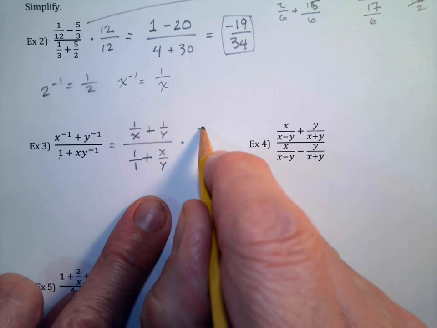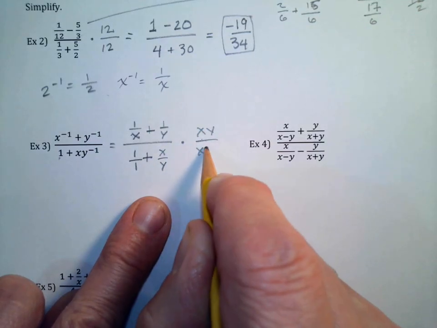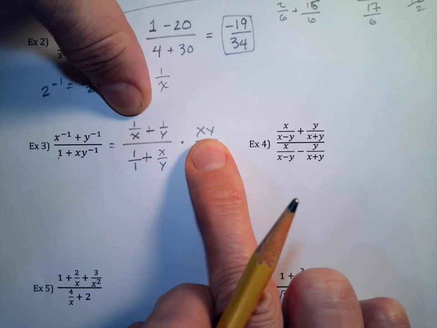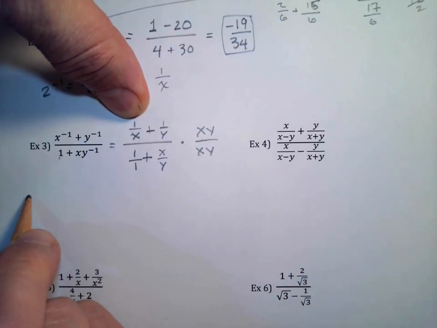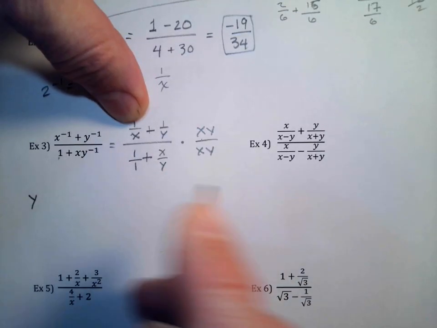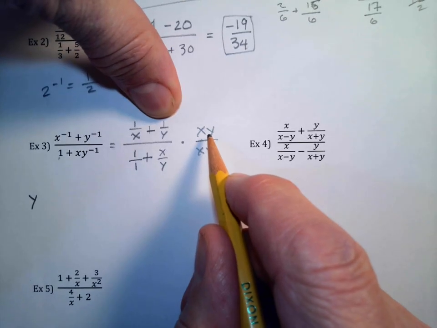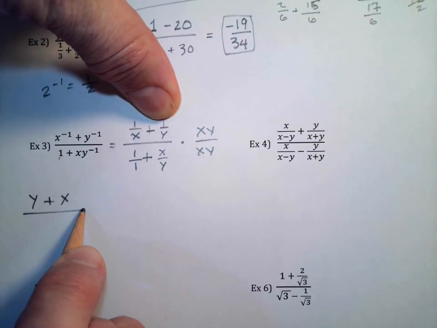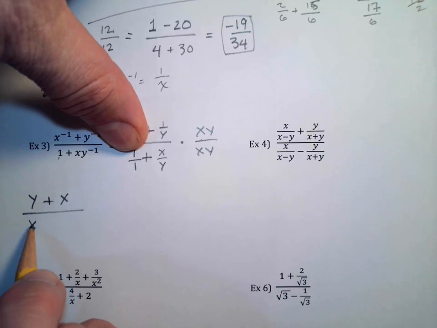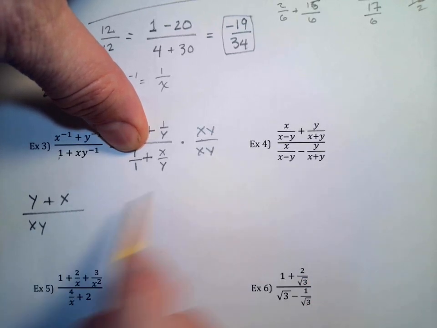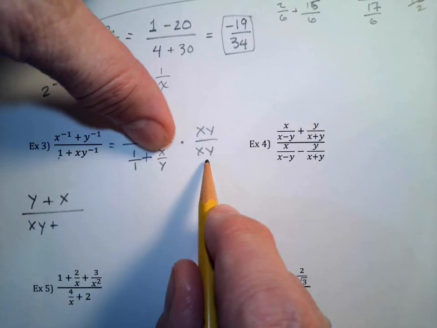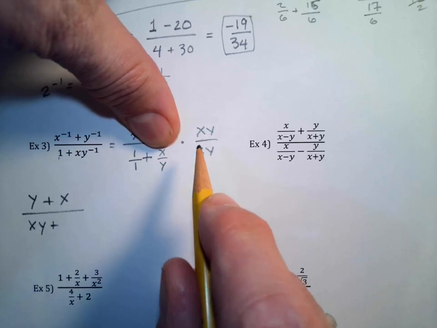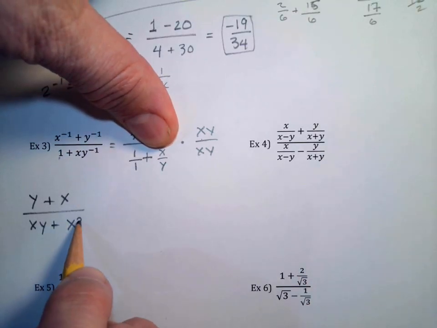So I'm going to multiply by xy over xy. All right, so when I multiply this first fraction by xy, the x's cancel, leaving me with just y. When I multiply xy by 1 over y, the y's cancel, leaving me with just x. Over on the bottom, it's going to be xy, and then plus, and then you see here the y's will cancel, leaving me with the x times the x, or x squared.